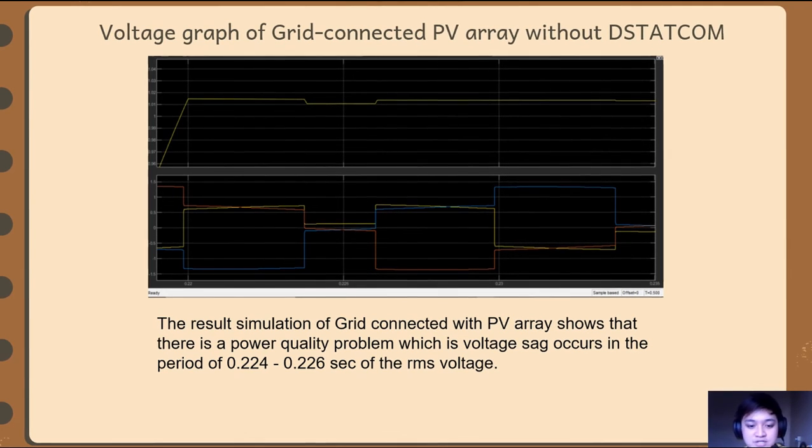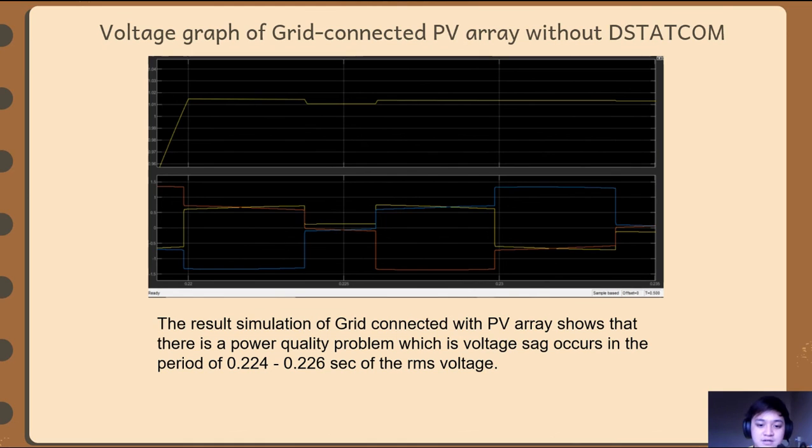The result simulation of grid-connected PV arrays shows that there is a power quality problem, which is voltage sag, occurring in the period of 0.224 to 0.226 second of the RMS voltage. The voltage sag happens in the grid-connected PV array system because of rapid change of load such as motor startup or a short circuit.